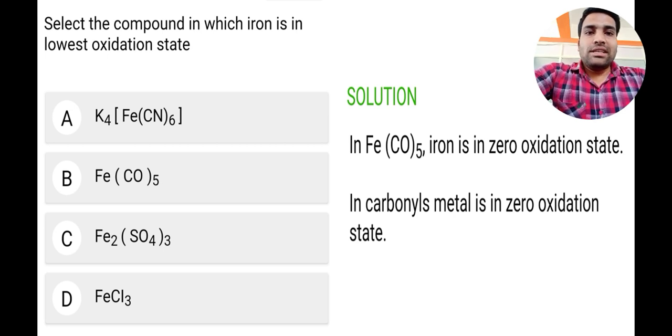And in case of D, FeCl3, that means Fe3+ and Cl-. So the lowest oxidation state occurs in option B, that is in Fe(CO)5, because iron is in zero oxidation state. As I already told you, in metal carbonyls, metals have zero oxidation state.